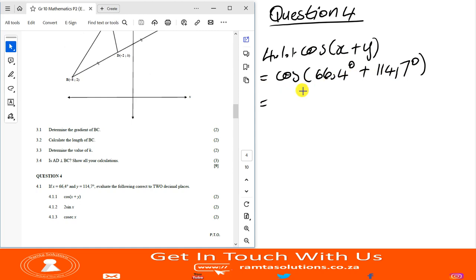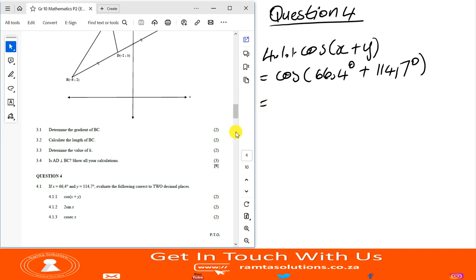You can just press this into your calculator and get your answer. So this is cos(66.4 plus 114.7). Now, what is our answer? Our answer is negative 0.9999.